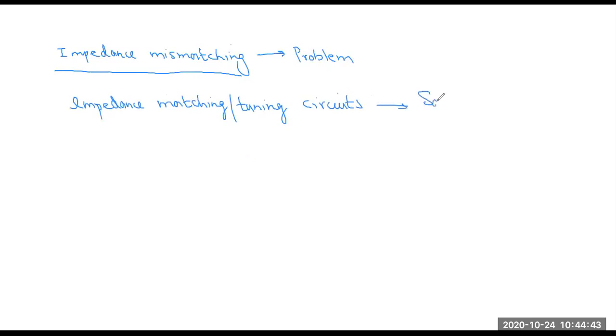So this is the solution. Now, one of the impedance matching circuits we have already discussed in our last class, and that was the quarter wave transformer. But there are also some other impedance matching circuits that we will talk about today.